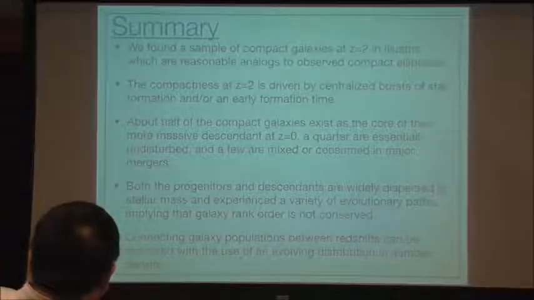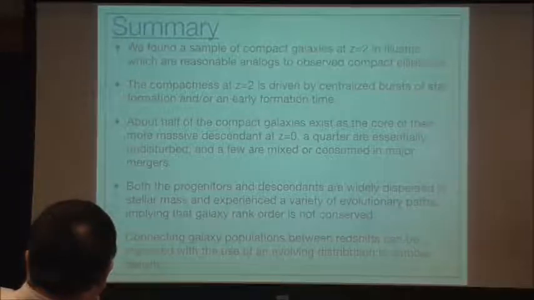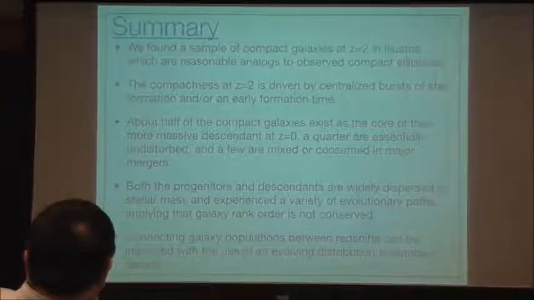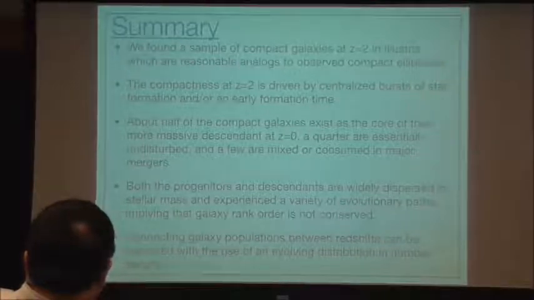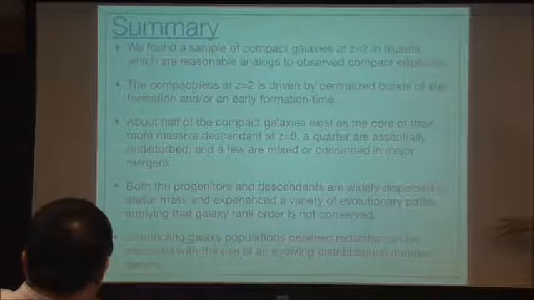About a third of them survive undisturbed, and the remaining few are mixed or consumed in major mergers and disappear from the galaxy populations. And these results show that the progenitors and descendants disperse widely in stellar mass and experience a variety of evolutionary paths, which implies that if we want to try to observationally connect galaxy populations across redshifts, we need to start talking about distributions.